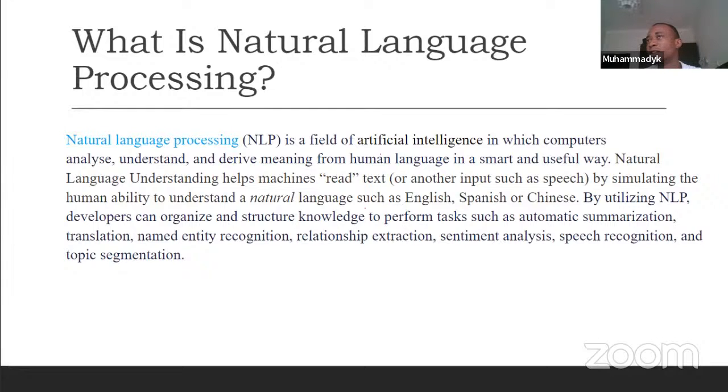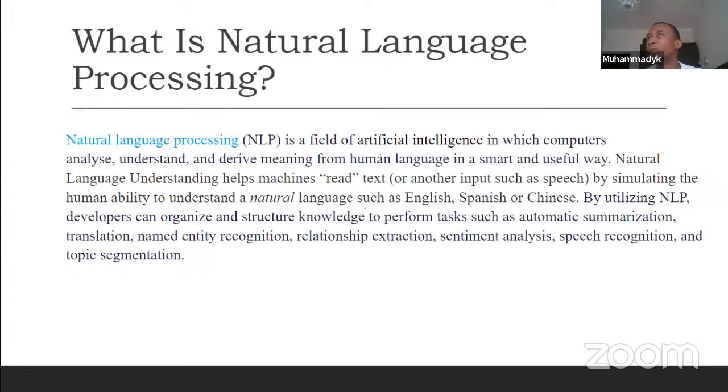You might at your leisure just pick up a book and want to read it and understand what the book entails. In the same way, machines are intelligent these days to read a text and understand what is inside that text. So that's basically what natural language processing is.